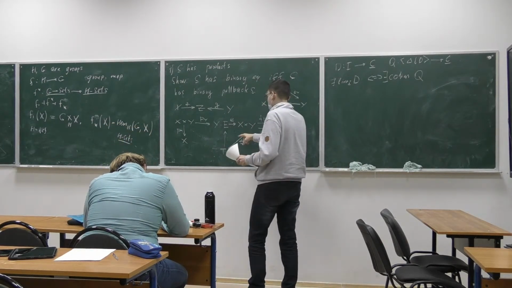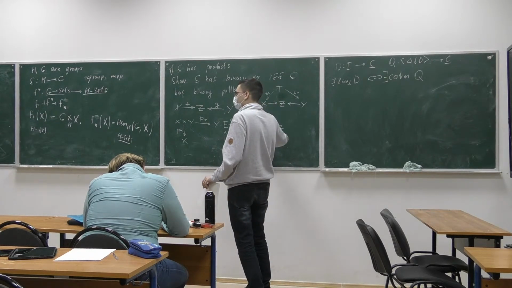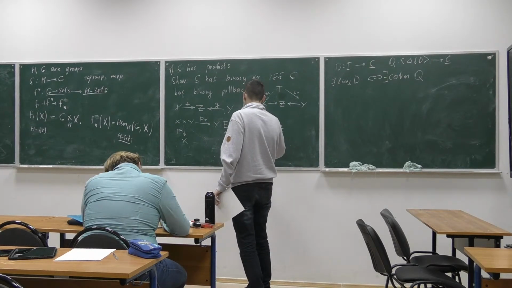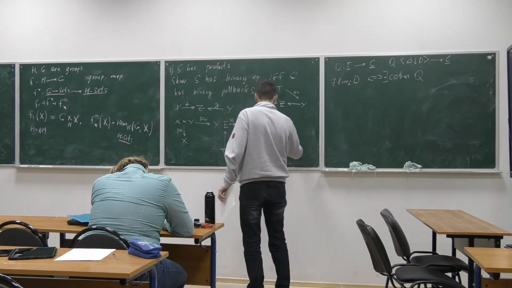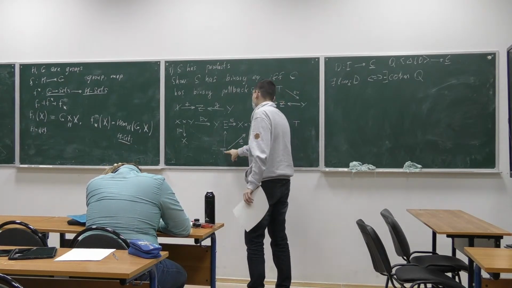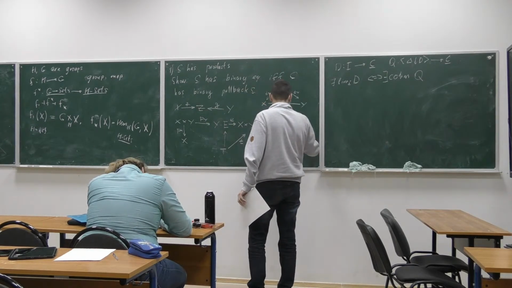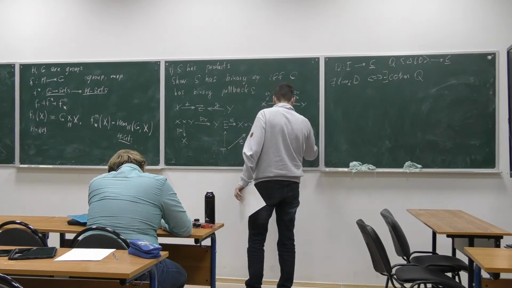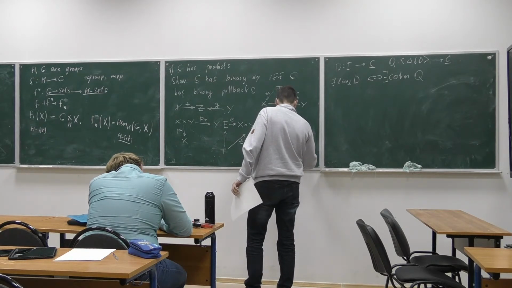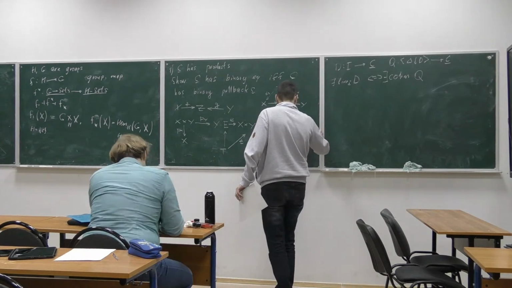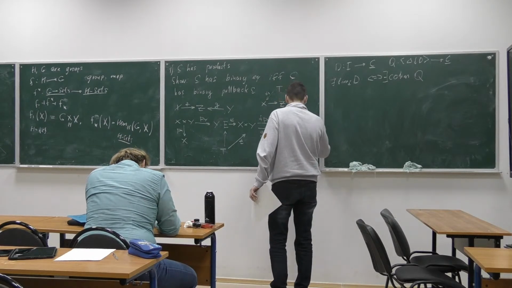Now, can I finish this? So T is a pullback because we have what this is.